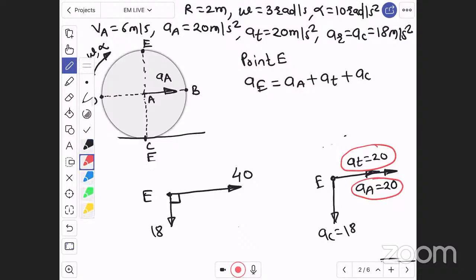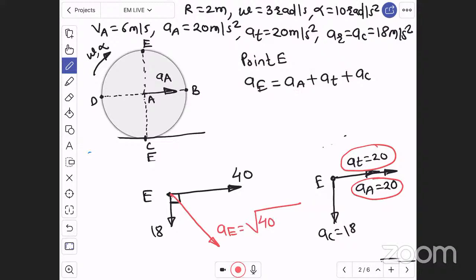Therefore, the resultant of these two will lie between them, which is nothing but the acceleration of E, which is the square root of 40 squared plus 18 squared, meter per second square. This will be the acceleration of point E.